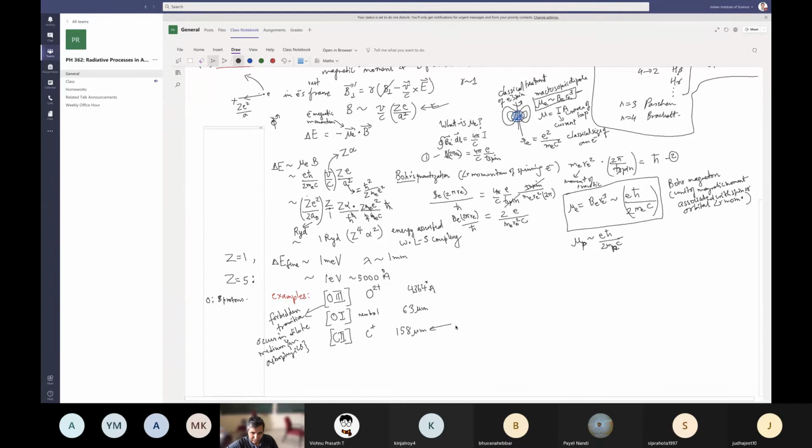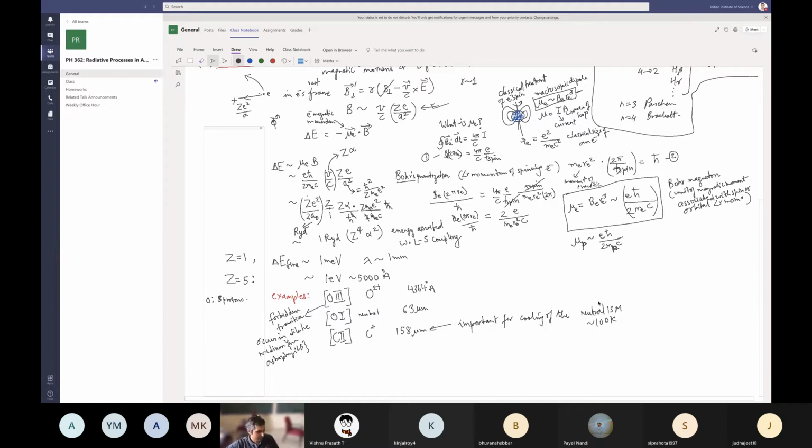This is a very important line for cooling of the neutral interstellar medium, which is at about 100 Kelvin or smaller. Similarly, these are also very important coolants of this temperature gas.